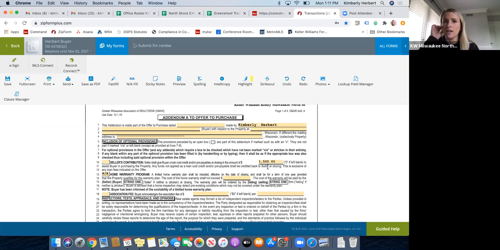If they need it, I would say closing cost credits typically tend to be about 3% of the purchase price, but I always recommend verifying with your lender what your closing costs are going to look like, because it's kind of unique for every buyer.